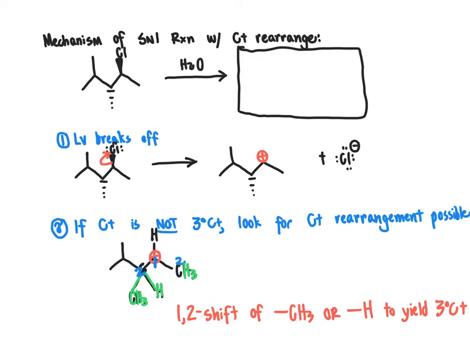So let's play around with this to try to determine what possibilities we could envision here. Let's say, hypothetically, that we take the electrons from the carbon bond here to do a 1-2 shift of the methyl group. So we move the methyl group over to where the carbocation is. We take the methyl group and the 2 electrons that it's bonded to, and move those over to the carbocation location.